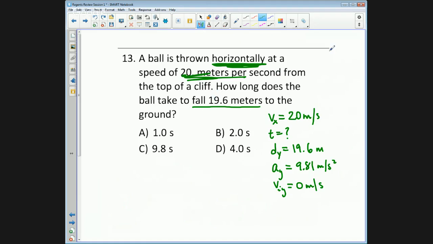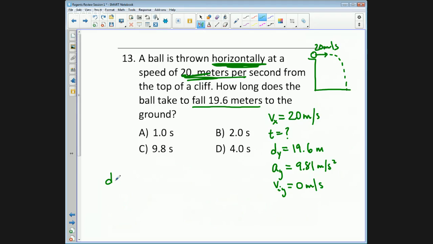Okay, so if we did draw a picture, it looks like this. Here's my cliff. Here's the ball. It's thrown horizontally. This is 20 meters per second, and it's going to fall down this way. So we actually don't need to use our x variable. This 20 meters per second is unnecessary. When you're solving for the time, you always want to use your y variables.